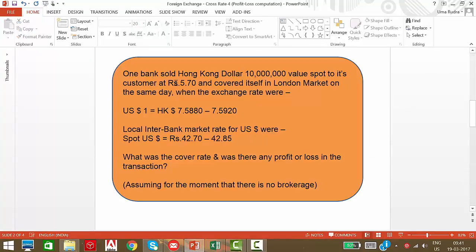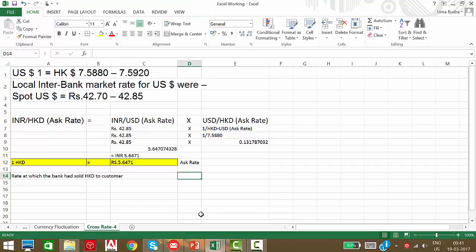This was the rate. The bank sold Hong Kong dollar 10 million at the rate of rupees 5.70. So the rate at which the bank had sold Hong Kong dollar to its customer is 5.70.